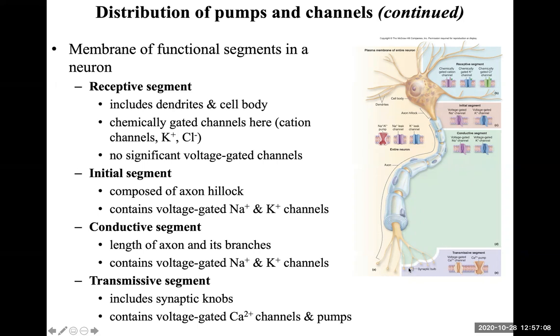Calcium will rush into the synaptic knob and coat the vesicles, which are coated in a negative charge, those vesicles holding the neurotransmitter, and because calcium is positively charged, ultimately allow those vesicles to merge with the plasma membrane, undergo exocytosis, and dump their neurotransmitter into the synaptic cleft, which then will allow that neurotransmitter, if there are receptors for it, to bind to the chemically gated ion channels in the receptive segment of the postsynaptic neuron.